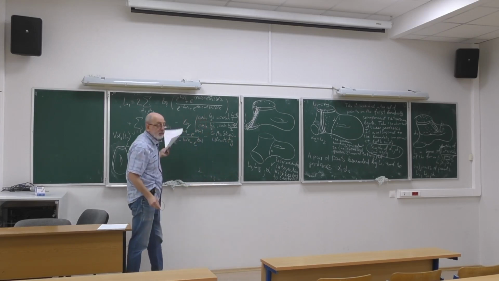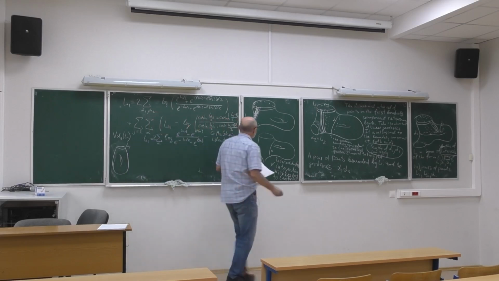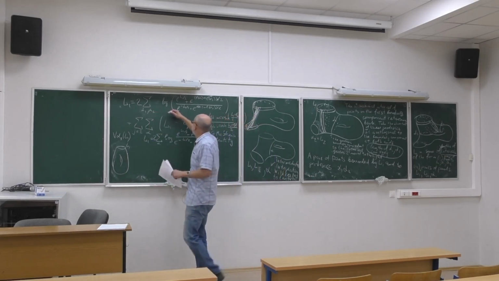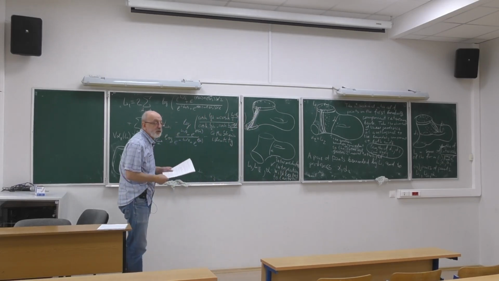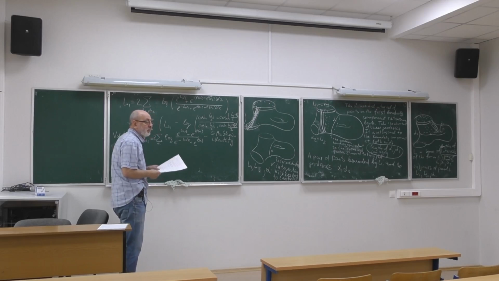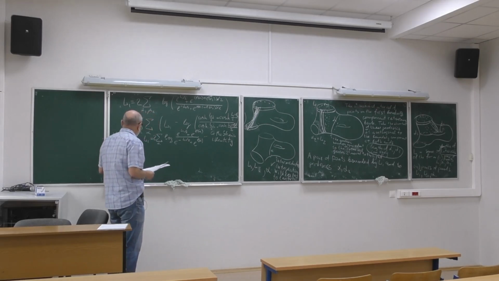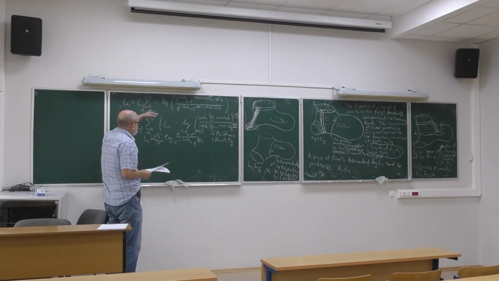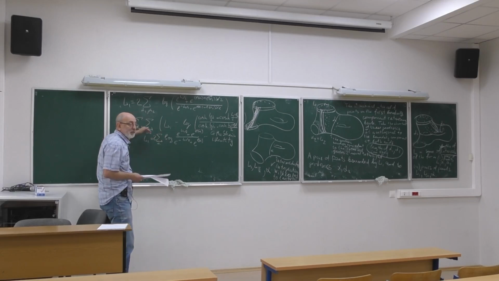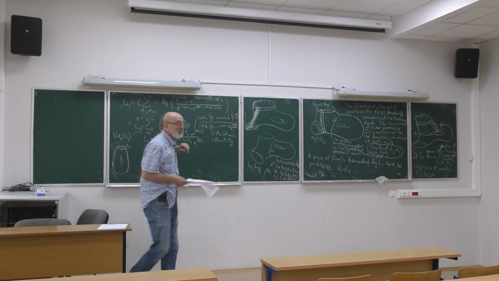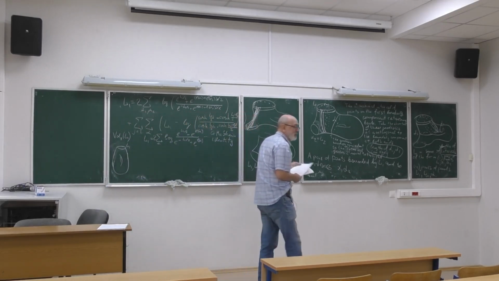It has been known long before Mirzakhani, and this identity is in fact a generalization of this one for arbitrary genera and arbitrary number of connected components. In this case, we do not have the second term because there is no second boundary component.